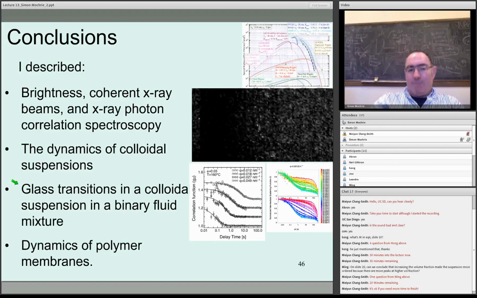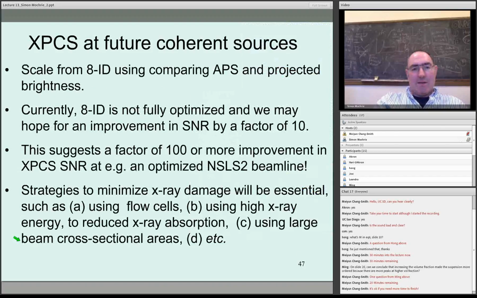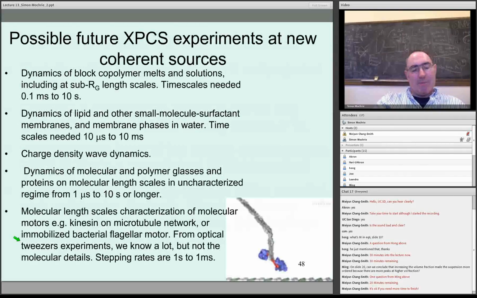I then specialized to glass transitions in a colloidal suspension in which we could tune the interaction strength from nothing to some attractive interaction, and we got different glassy behavior in those cases. And then finally, I briefly mentioned the dynamics of polymer membranes, which are also accessible with this technique.